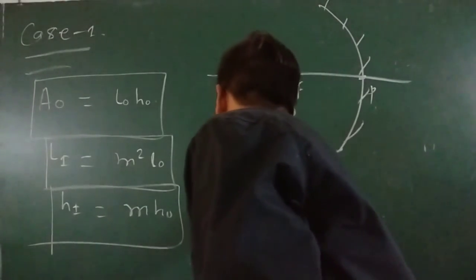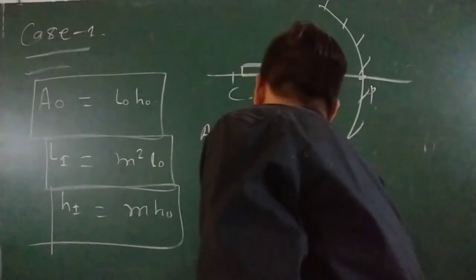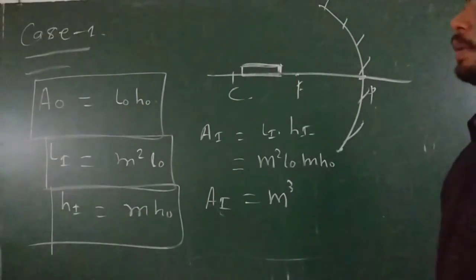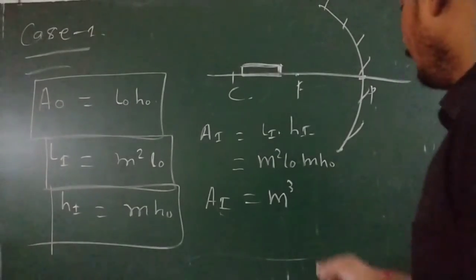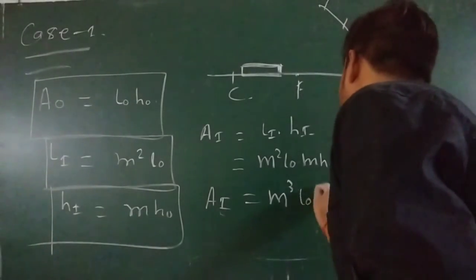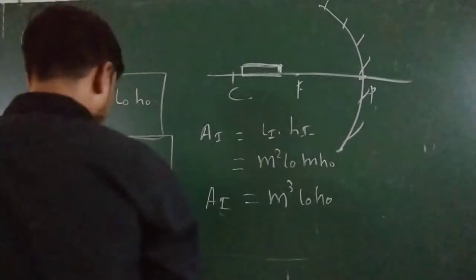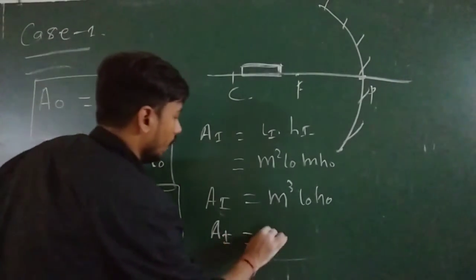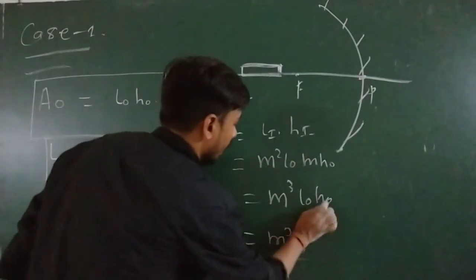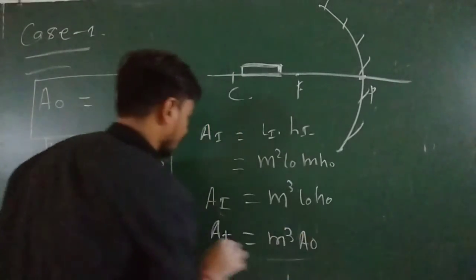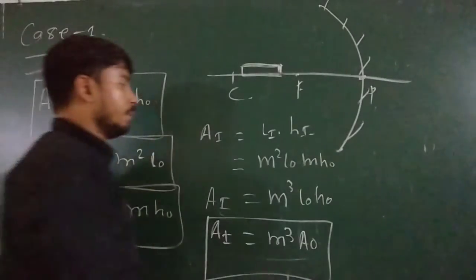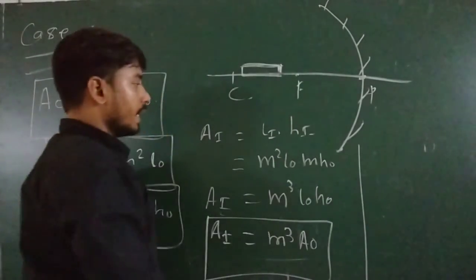So area of image becomes m cube times length into h naught. This will give us area of image is equal to m cube times area of object.